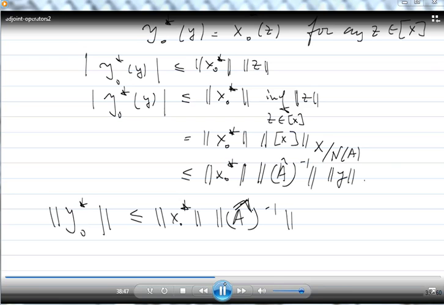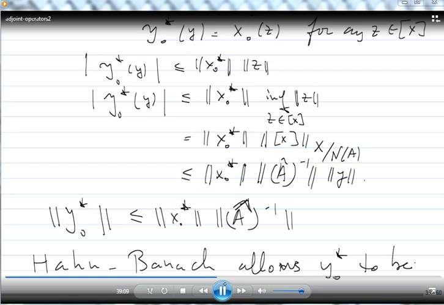So it is in the dual space of R of A, and since it is in the dual space of R of A, we can extend it. So Hahn-Banach allows y0 star to be extended to y star.